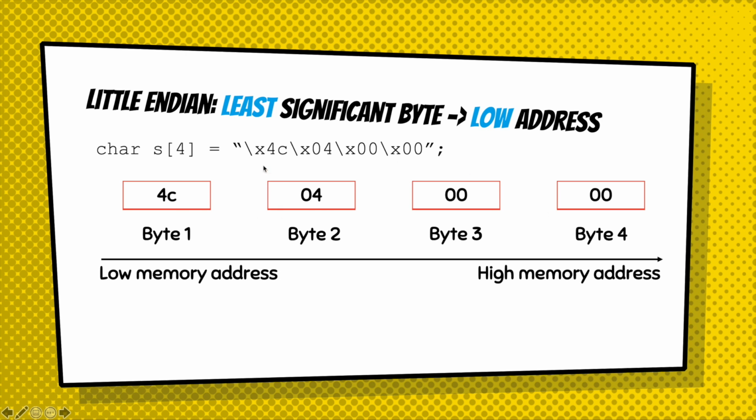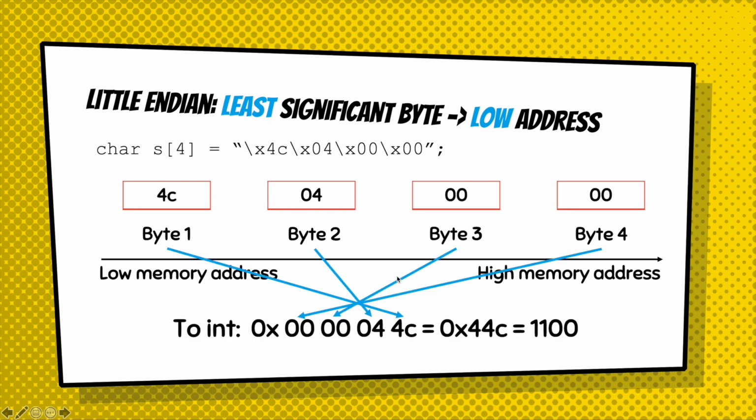So we're going to have those bytes from low to high memory address. But then when we convert that to an integer, we need to again flip the order. We're going to put 4C as the least significant byte of the integer, and then 04 as the second least, 00 as the third least, and the other 00 as the highest in this integer. In the end, we will get the entire integer equal to hex 44C, which is equal to 1,100.